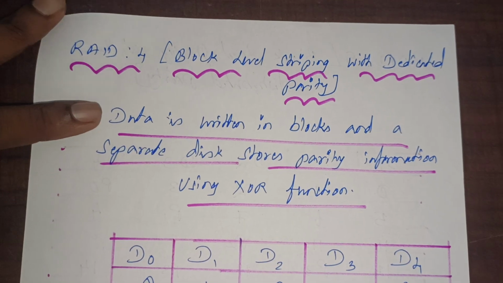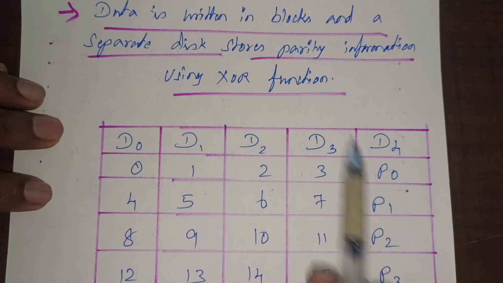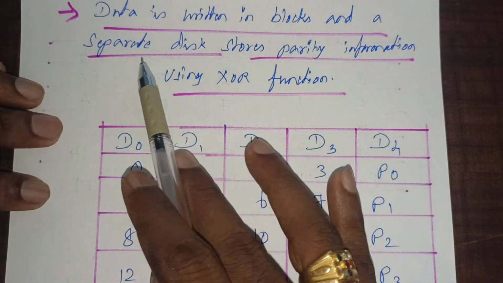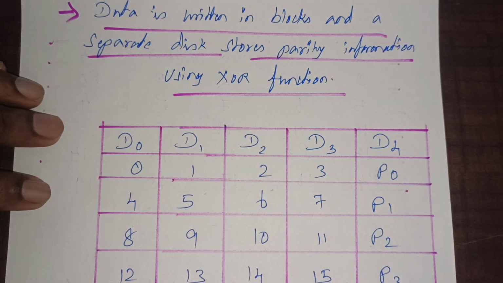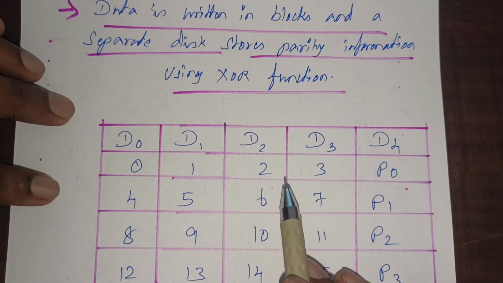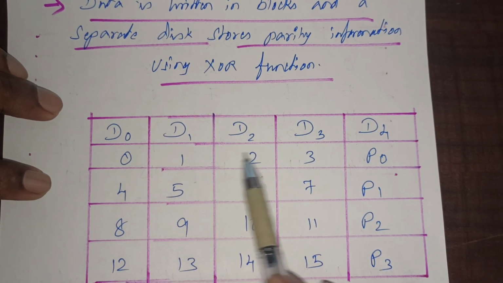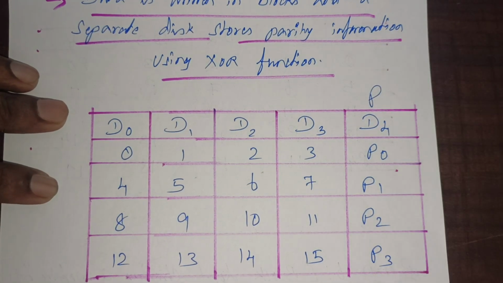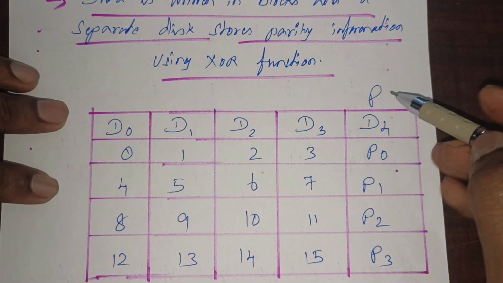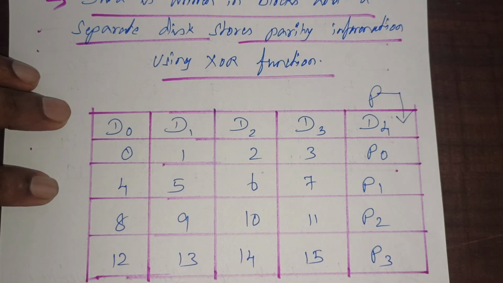Here you can see the structure of it. The data is written in blocks and a separate disk stores parity information using the XOR function. Instead of having all the disk data separately, you can see this is the parity bit, and the parity bit is stored in disk number 4.